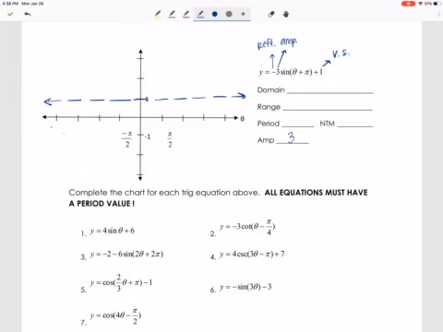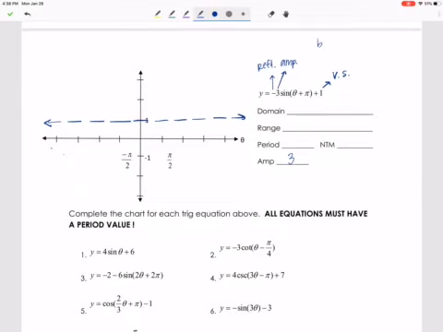Our B value in front of theta is a 1, which is great because that does nothing to my period and nothing to my new tick marks. If we go through that same process as before, sine normally has 2 pi divided by 1, that's still 2 pi. Then we would take my new period, divide by 4, so we're still going to have tick marks at every pi over 2.